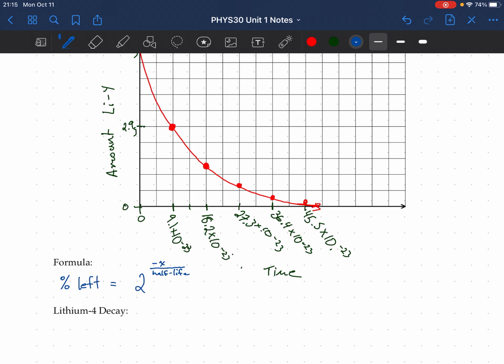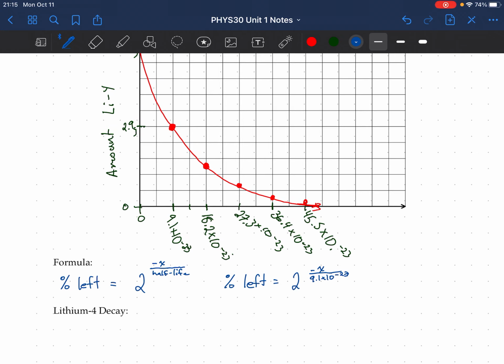So in this case, I'm going to erase my time here. For lithium-4, our percent left is equal to 2 to the power of negative x over 9.1 times 10 to the power of negative 23.